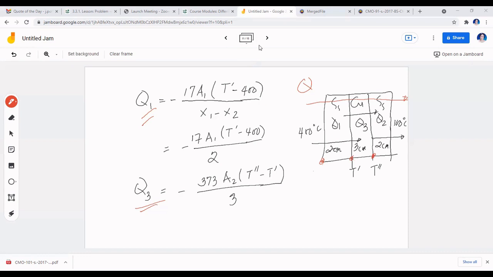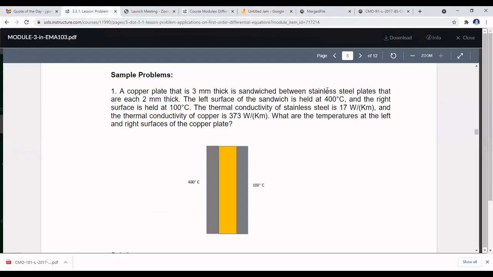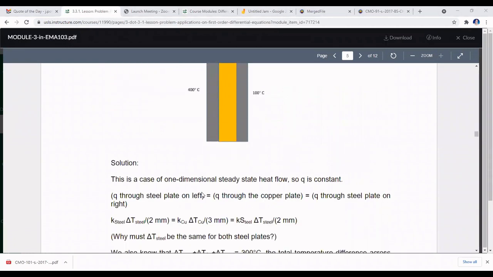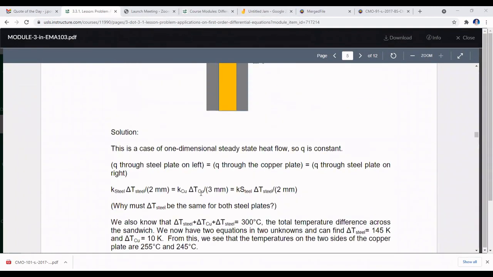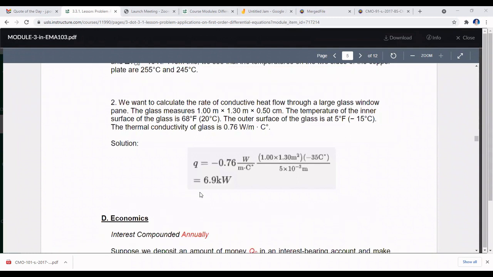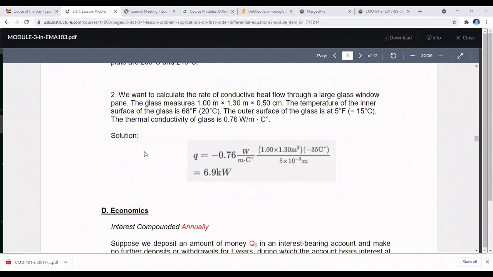Okay, I'll share my screen so I can show the Canvas. I just borrow another minute because it's 2:31 already. What you have in Canvas are two sample problems. I chose this one because it's more complex, so I chose this one to discuss. This one is just direct substitution to the formula, so I leave this to you to read.